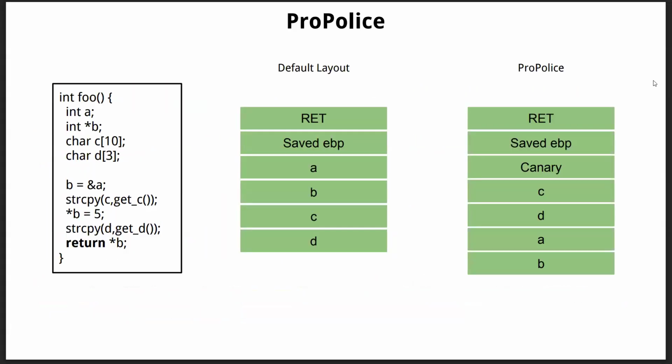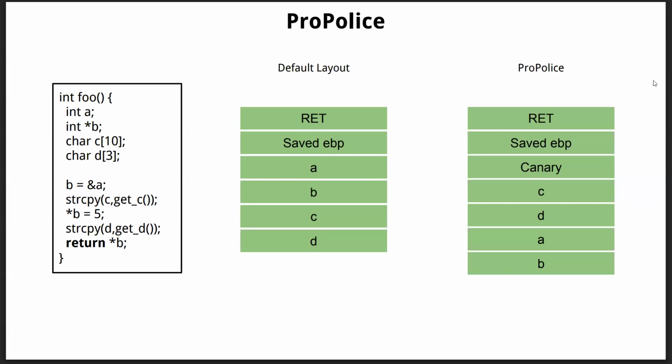So this is a figure of the ProPolice. We have 4 local variables, A, B, C, D. A typical implementation of this is A will have a higher address, then we have B, then we have C, and we have D. Right? Then the IBM ProPolice implementation will reorder those local variables.